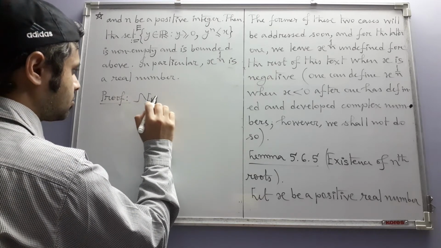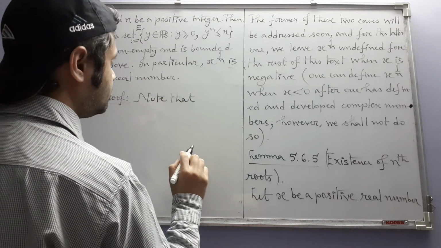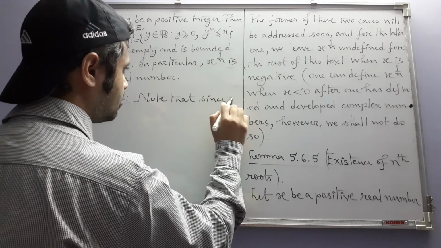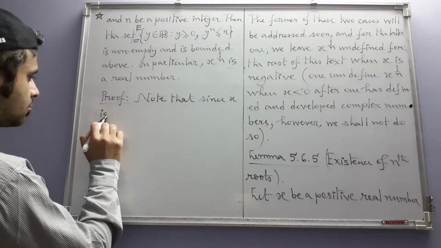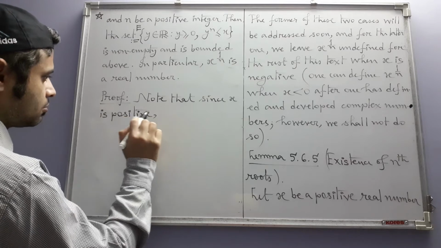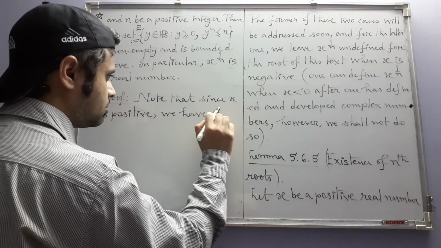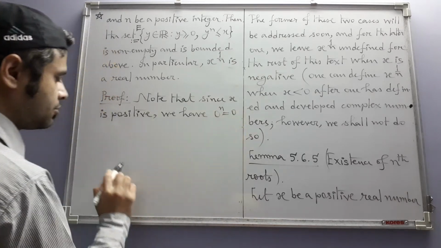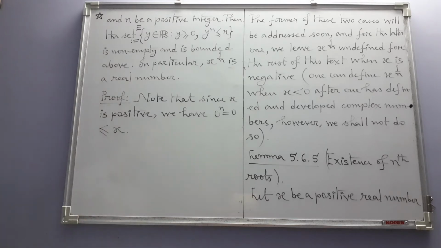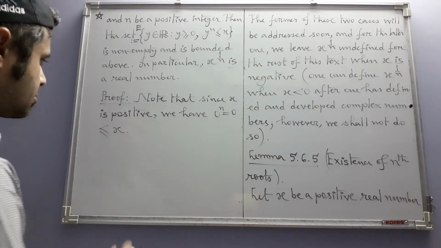Note that since x is positive, we have 0 to the power n, which is equal to 0, that is less than or equal to x. It's actually strictly less than x, but that also means it's less than or equal to x.